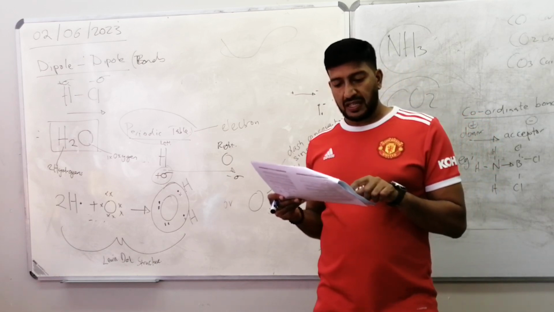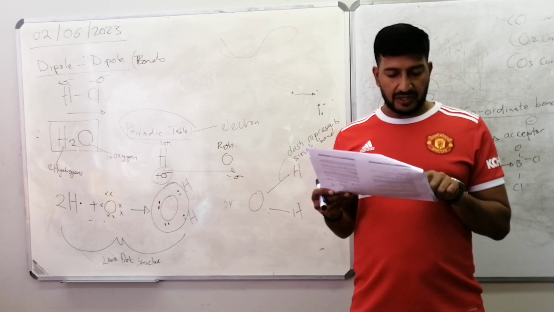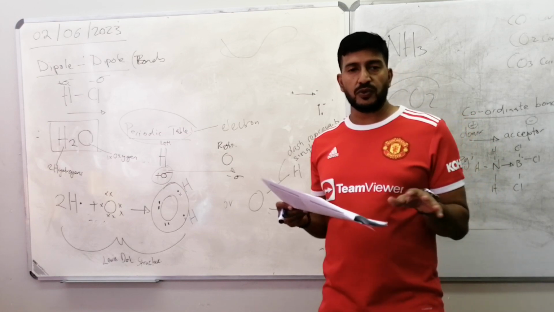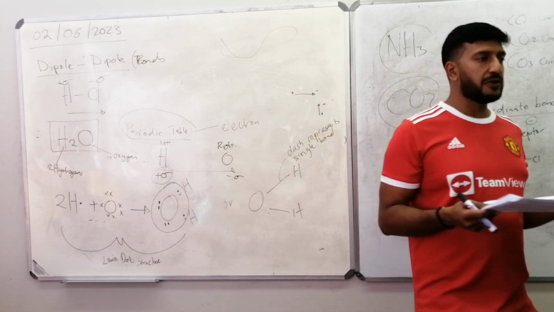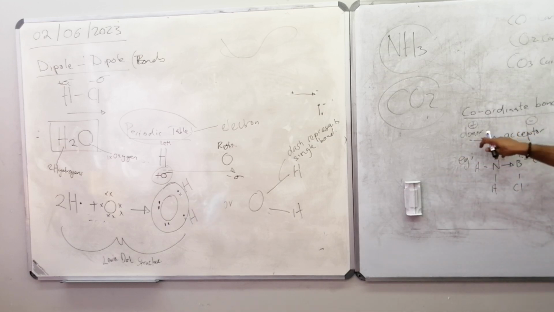As you can see, the negative carbon and the positive oxygen. So what is it telling you there? Which one is donating and which one is accepting? For carbon monoxide, which one is the donor and which one is the acceptor? Donor is oxygen. Acceptor is carbon. Well done.